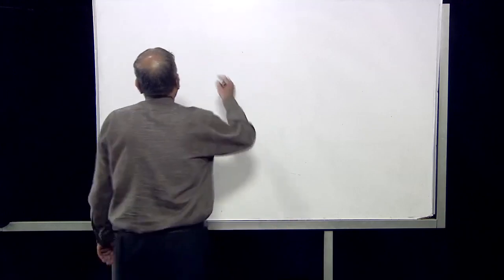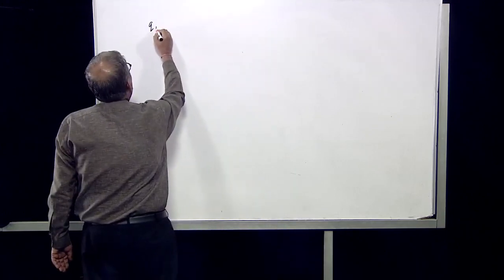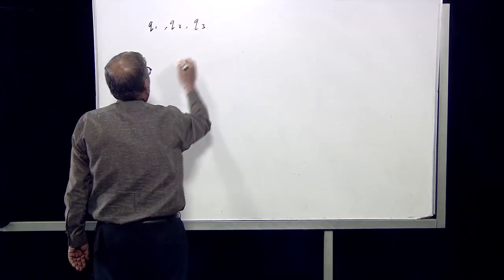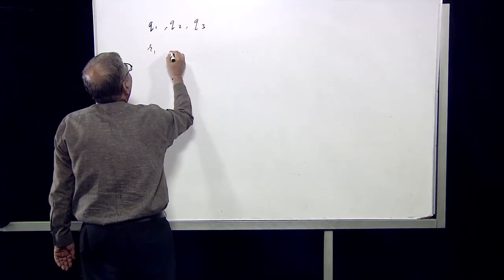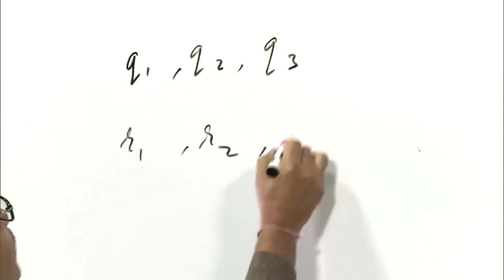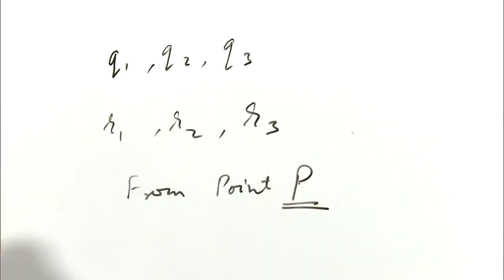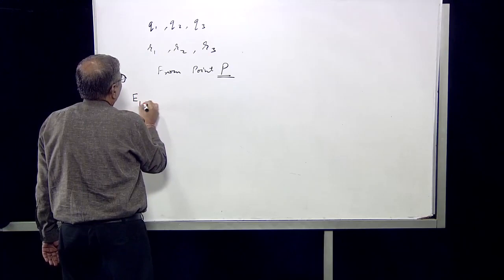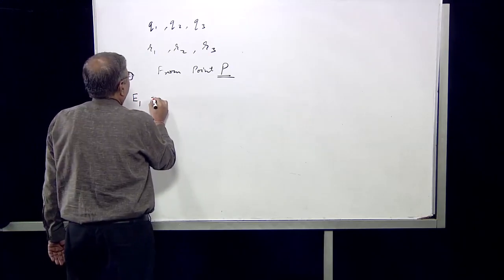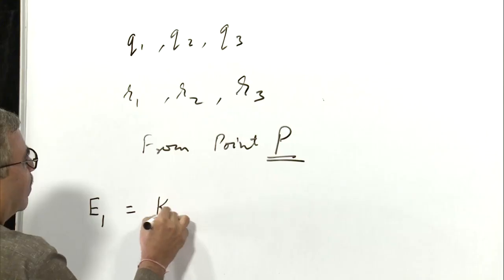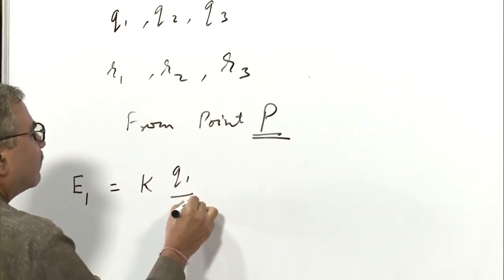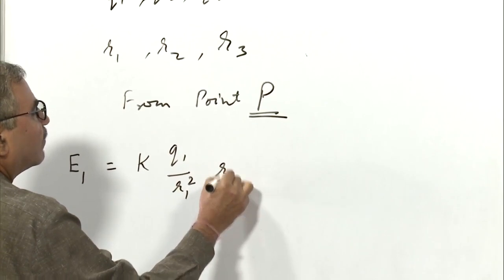If there are a number of charges Q1, Q2, Q3, they are at distances R1, R2 and R3 from point P. Let us write down the expression for electric field due to charge Q1. E1 will be equal to K Q1 upon R1 square R1 cap.